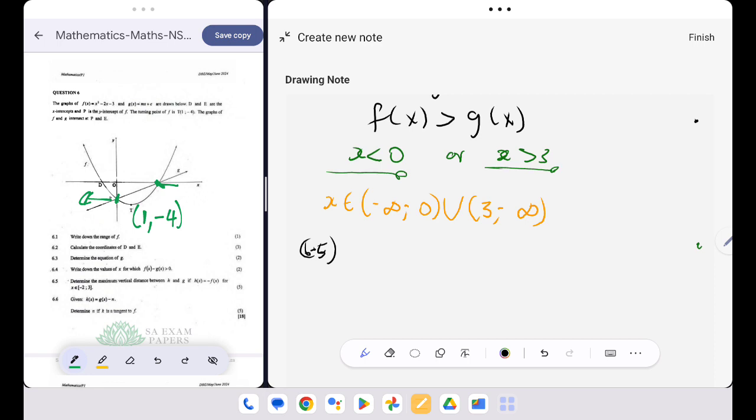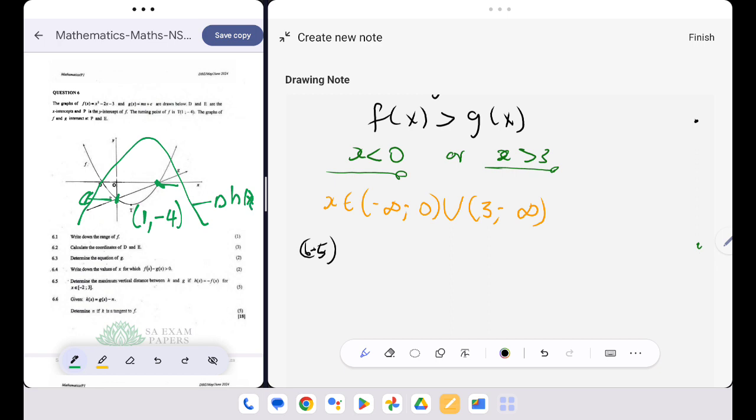Okay. Now since they said h is minus f, it simply means that this graph was turned upside down. Now it's like this. This thing will be h of x. Are you together?